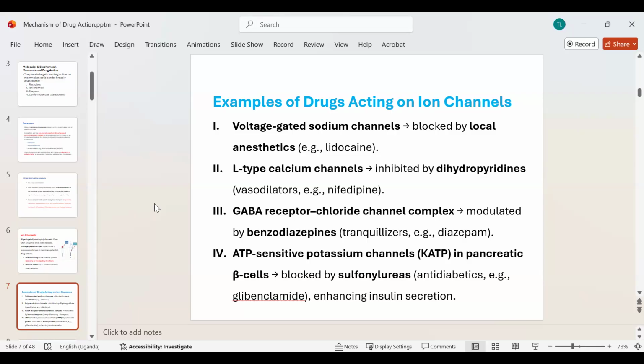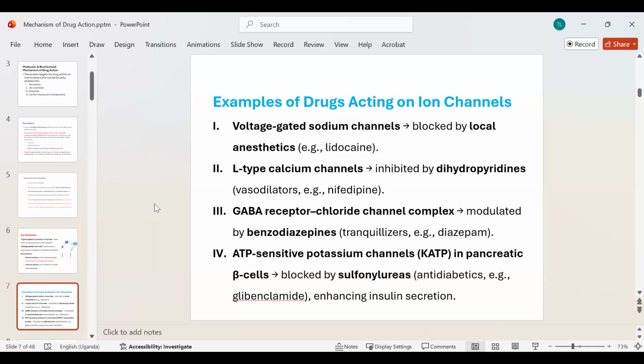It is pentameric. It has 5 subunits. As we shall see in some of the images, there are a few images that are there, and during your reading, you might land on them. So when you look at this GABA receptor, it is pentameric in structure.